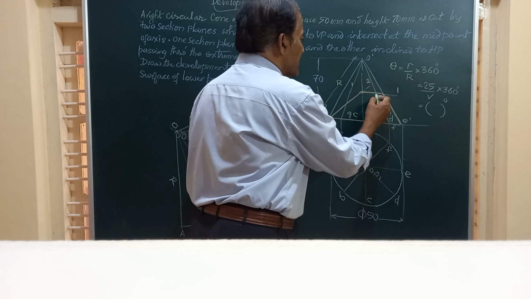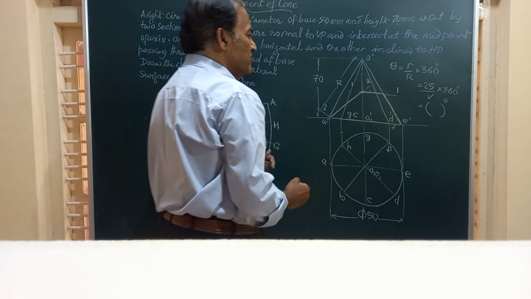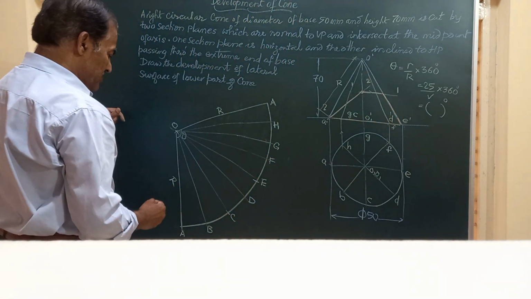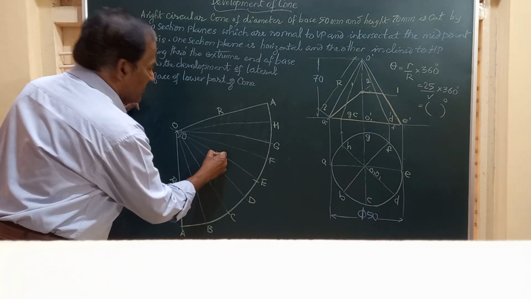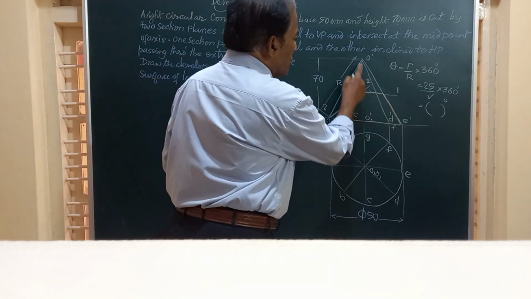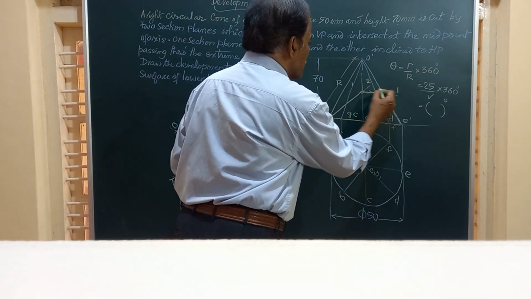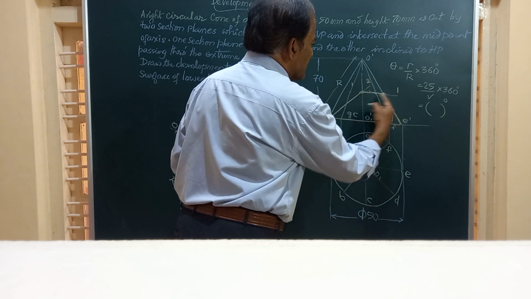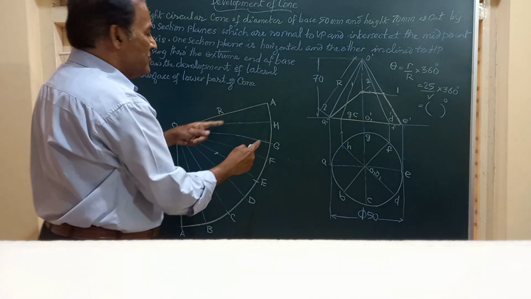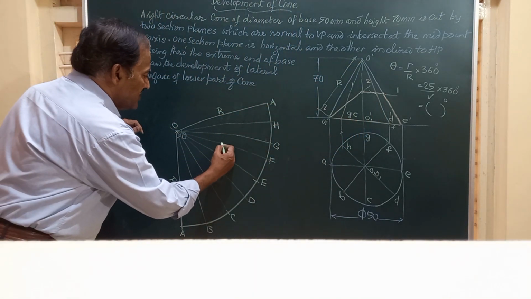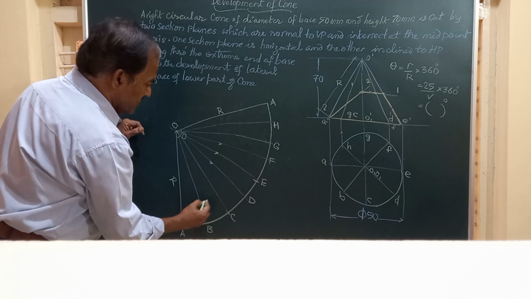This is not the true length, so transfer that to the N generator and get that value on OE. So OE means it will be exactly at the midpoint. Similarly friends, OD and OF are cut here, then OC and OG, all these are cut at the same height, and mark all these on OD, OF, OE, OC and OG.